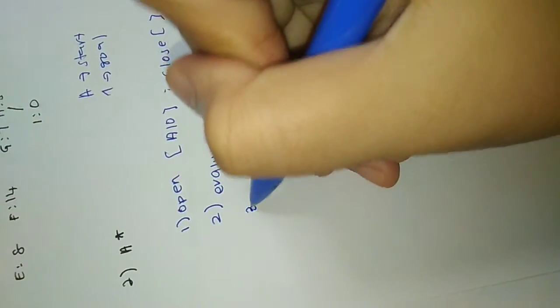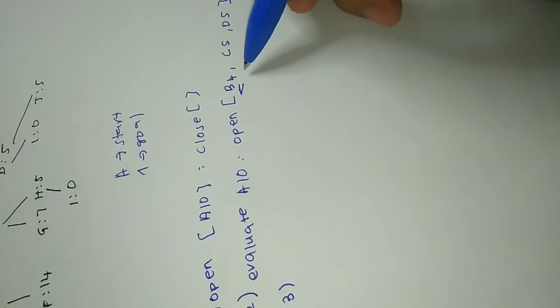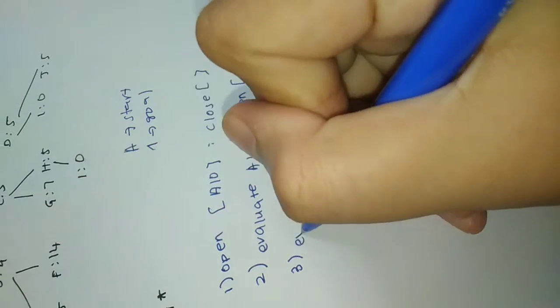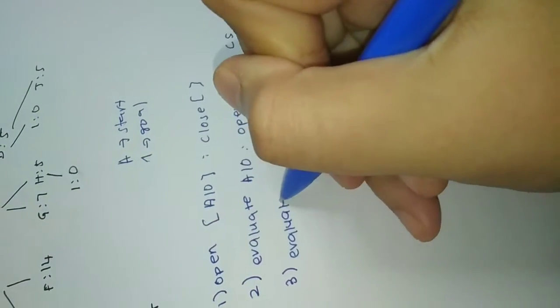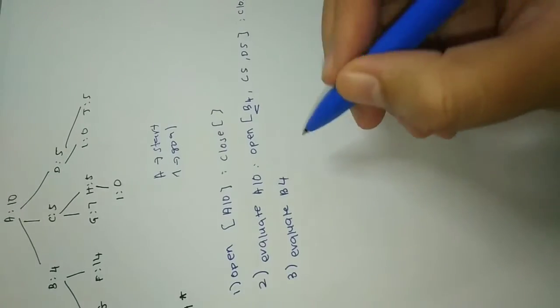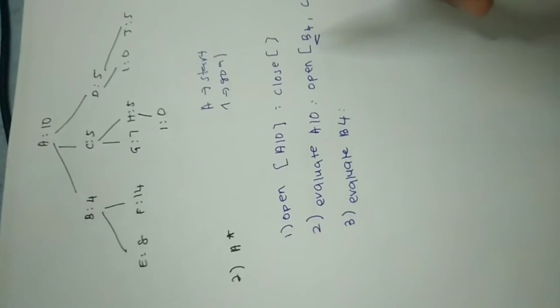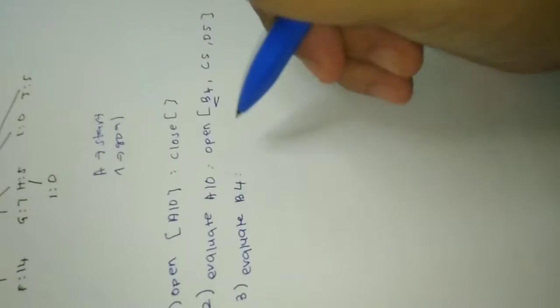Alright, now the third one. See at the open bracket, you need to evaluate B4. So when you evaluate B4, under B4 we have E8 and F14.